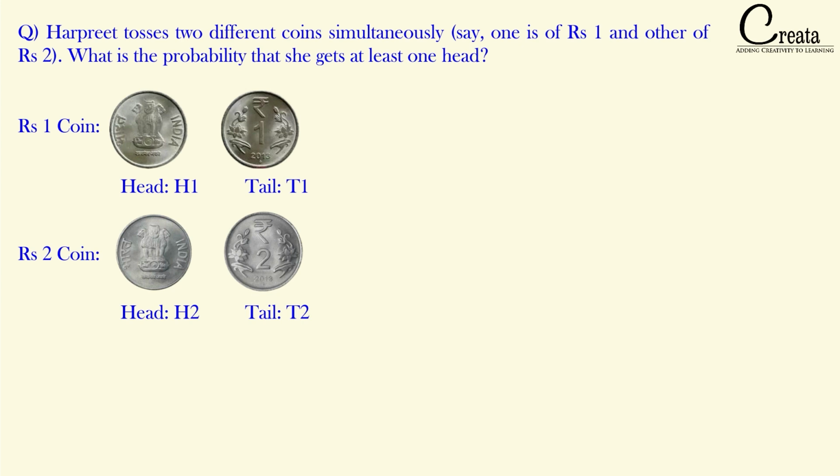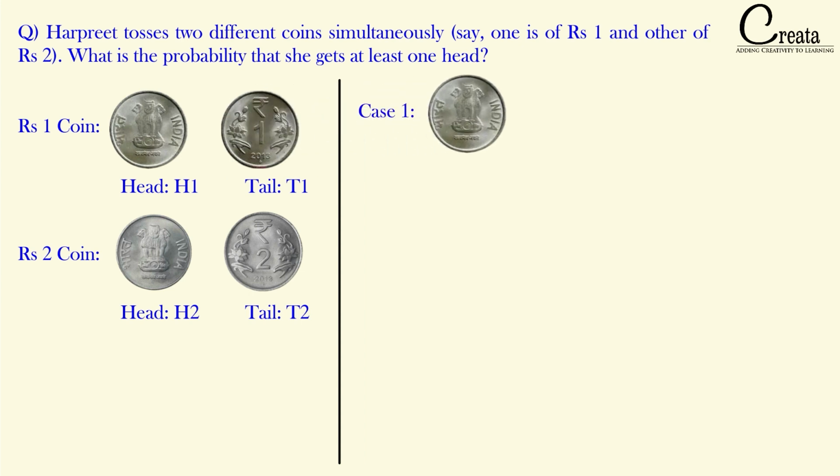First of all, let's check out the total number of possibilities that we can get out of tossing two coins. Suppose Harpreet tossed both the coins. In the first case, she got head in the first coin and also head in the second coin. So the combination is H1, H2. We are getting head in both the cases.